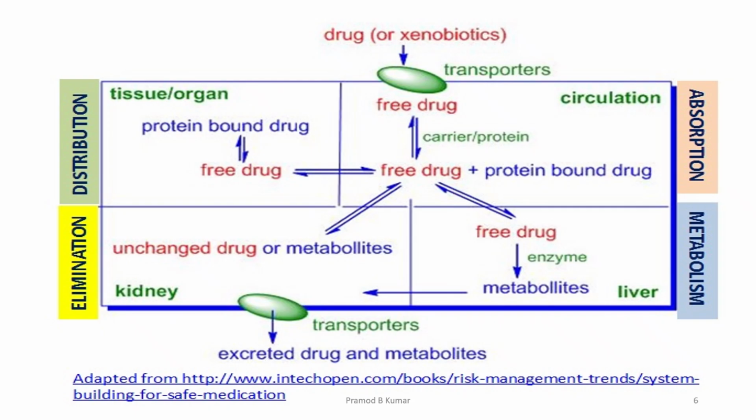If the free drug is not polar, it can be converted into its metabolite in the liver and then excreted through the kidney. So this is your basic thing: absorption, distribution, metabolism, and elimination.